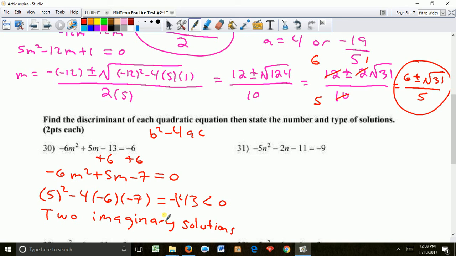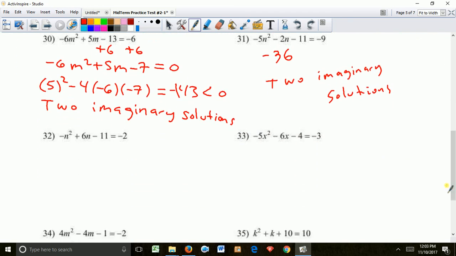I'm just going to give out the answers to the rest. For 31, if you were to use the discriminant, you get negative 36. So here you have two imaginary solutions. For 32, the discriminant is 0, so there's only one real solution.